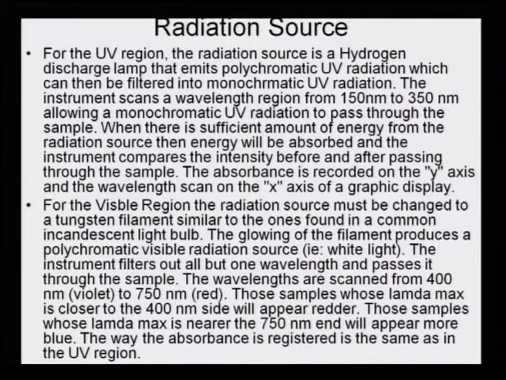The wavelengths are scanned from 400 nanometers to 750 nanometers. Those samples whose lambda max is closer to the 400 nanometer side will appear redder. Those samples whose lambda max is nearer to the 750 nanometer end will appear more blue. The way the absorbance is registered is the same as that of the UV region.